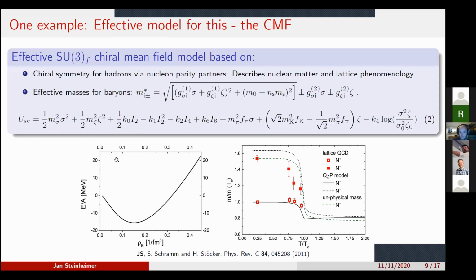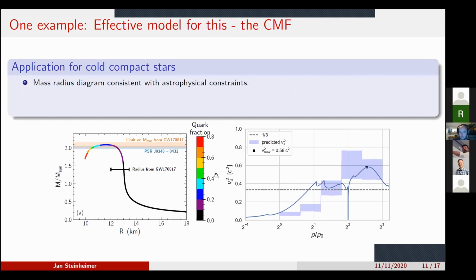You try to fix these parameters to describe the known masses of the baryons and the nuclear matter properties. You can already fix a lot of these parameters because you also take into account the constraints from neutron star observations. If you do this, then you can nicely describe your neutron star matter.